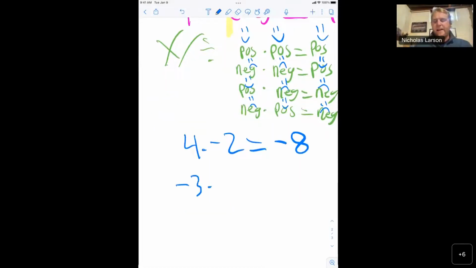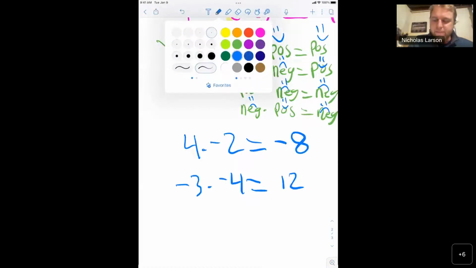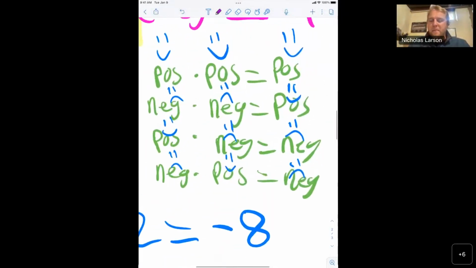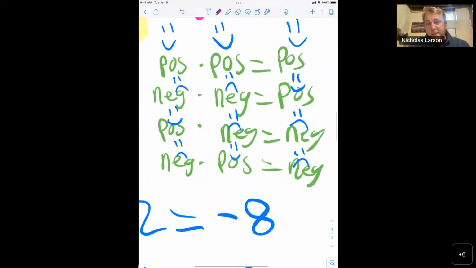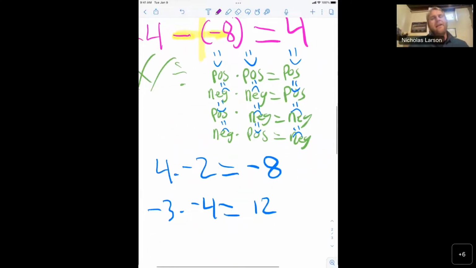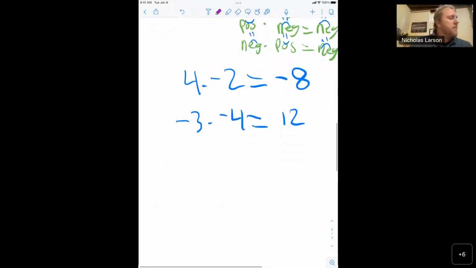If I did -3 times -4, again, negative times a negative equals a +12. All right. So this is something that's new that we have to remember. We've got to make sure that we practice it, so we can ingrain it into our memory.